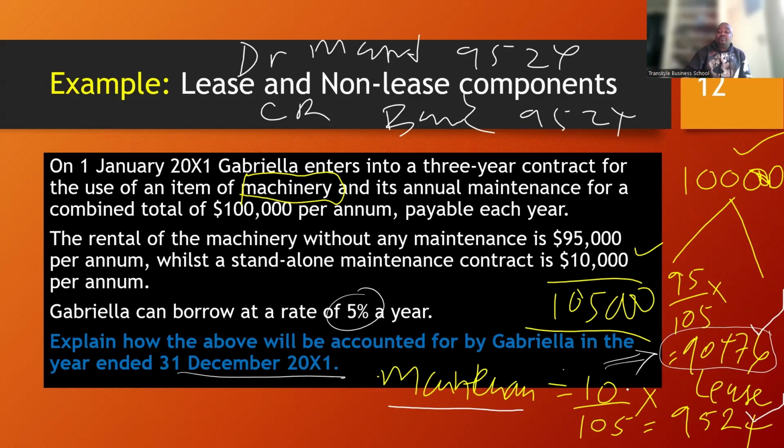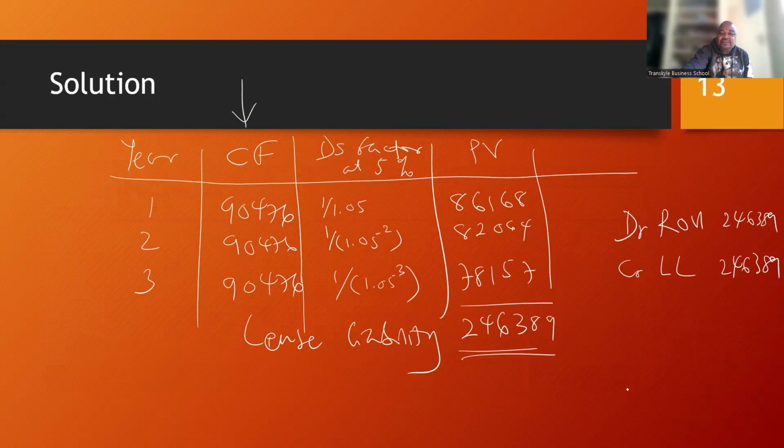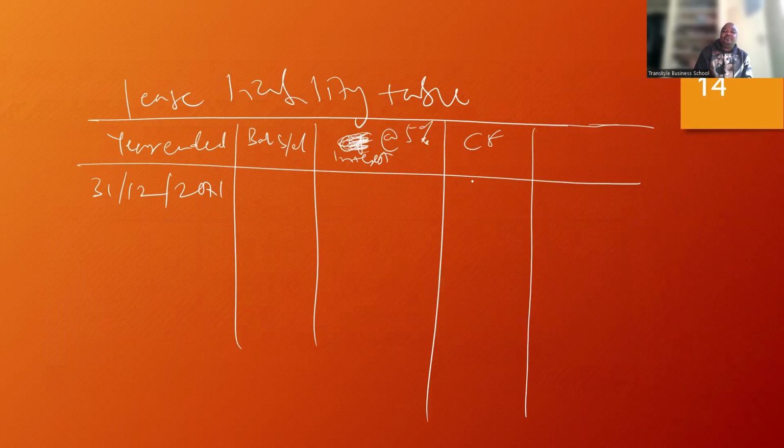That's where they come from, so it's just the same figure: 9476. You can fill out this column 9476 throughout, but we just want the first year alone.